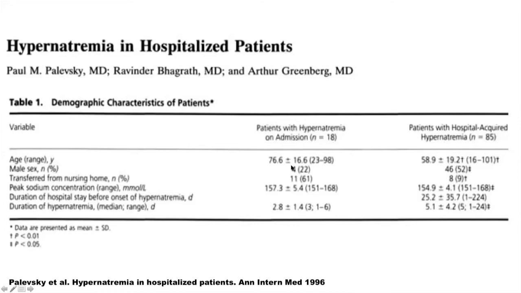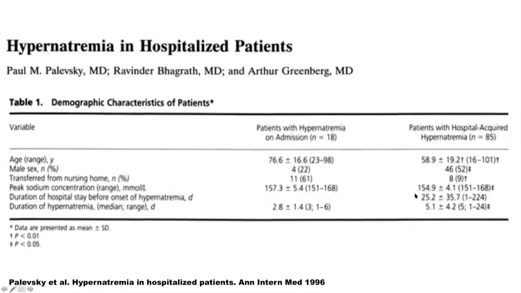And interestingly, they specifically mentioned that patients who came in with hypernatremia on admission were in fact much older relative to patients that developed hypernatremia during hospitalization. And in fact, the paper mentions that hypernatremia on admission seems to be a geriatric disease. The sodium concentrations were also slightly higher in patients admitted to hospital.